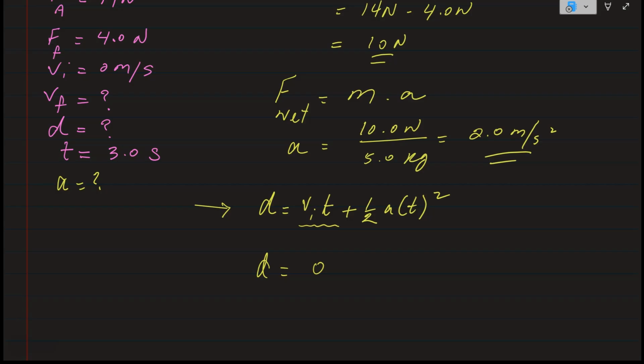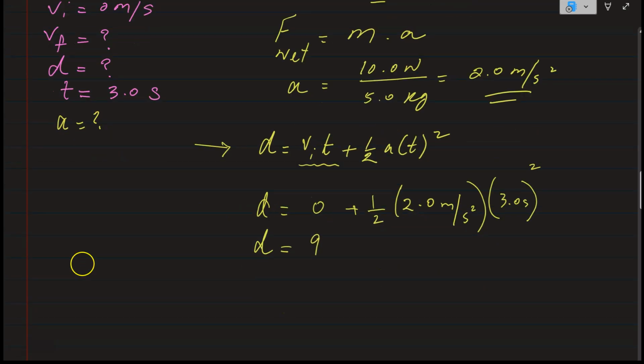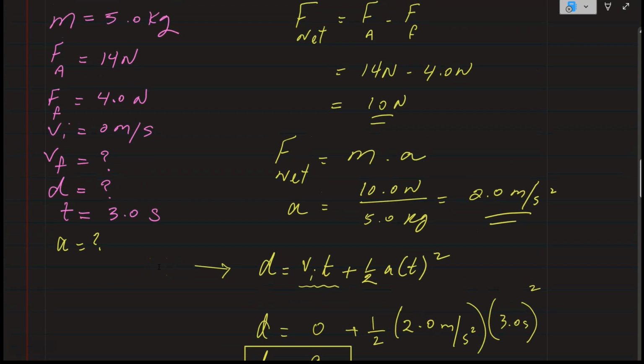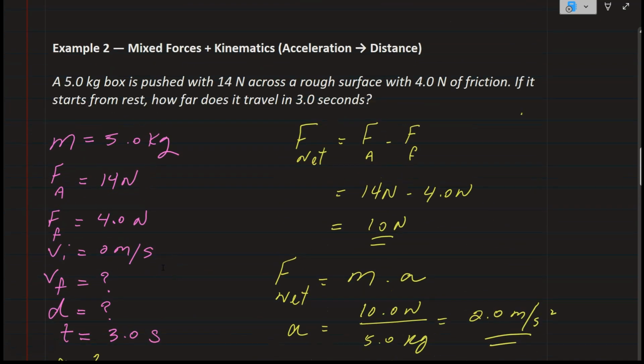Then add one half times 2.0 meters per second squared times 3.0 seconds squared. Do the math and you'll get 9 meters. That is the answer to example 2.